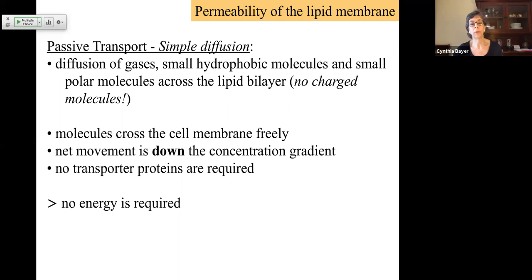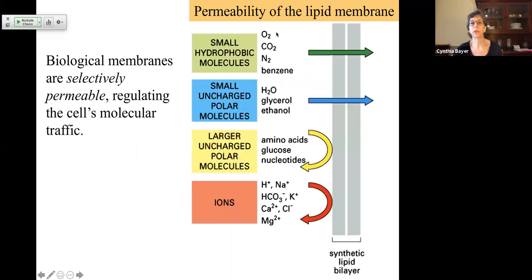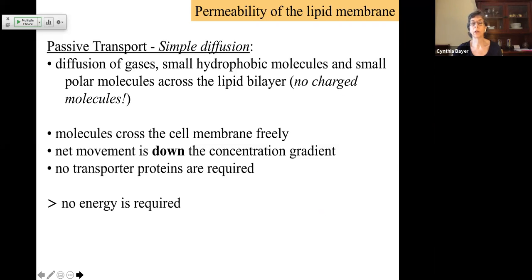The first types of molecules we're looking at, for example oxygen, carbon dioxide, those small gases, small non-polar molecules that can cross the lipid bilayer, can cross freely. They can move down their concentration gradient. And we call that process diffusion, moving from a region of high concentration across the membrane to a region of lower concentration.